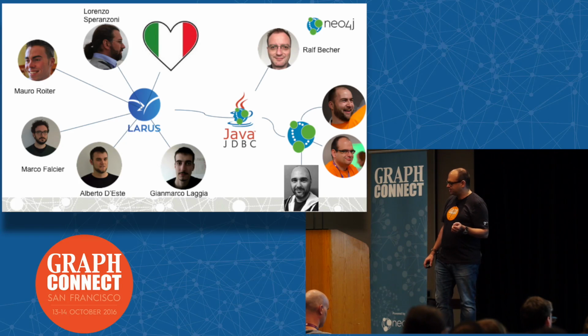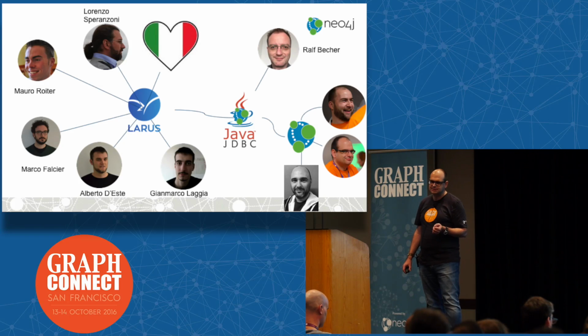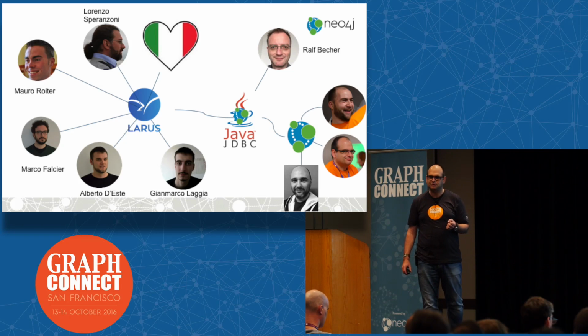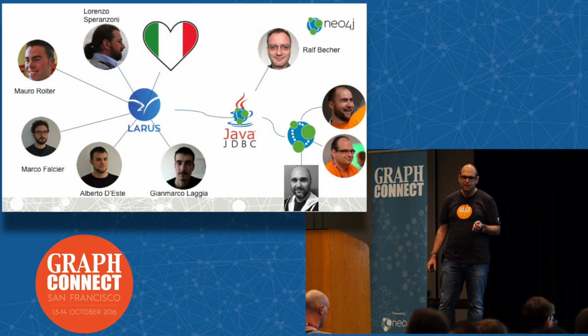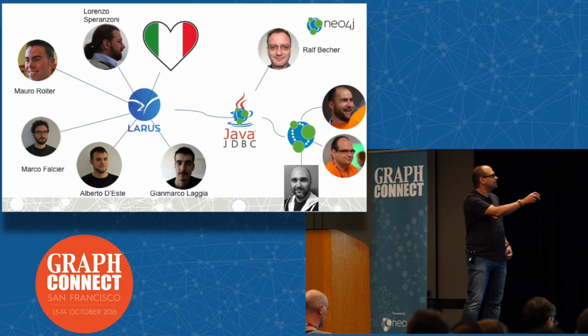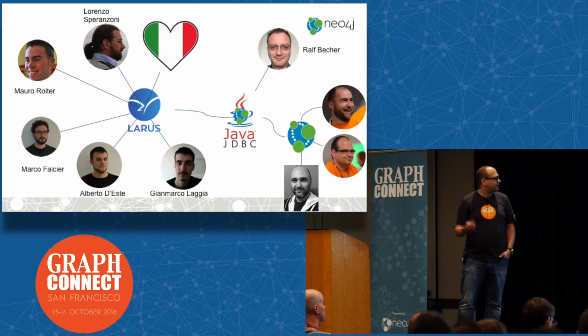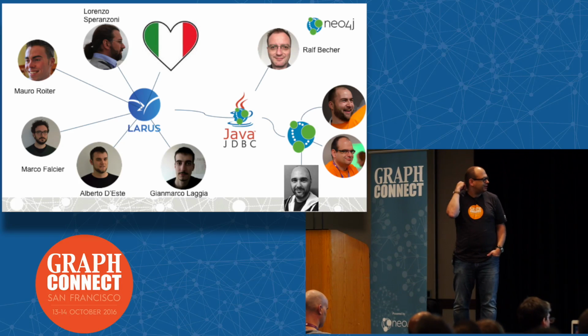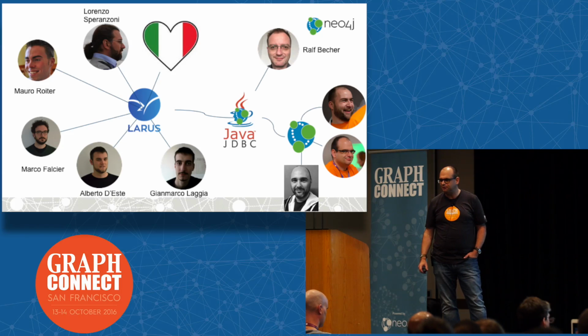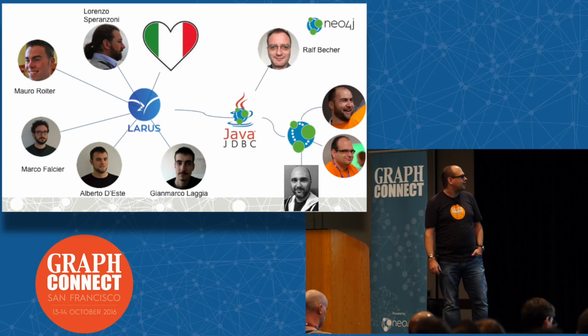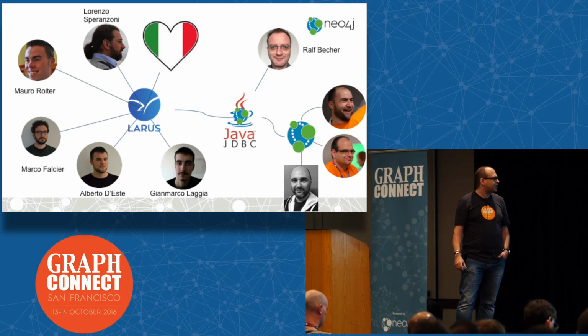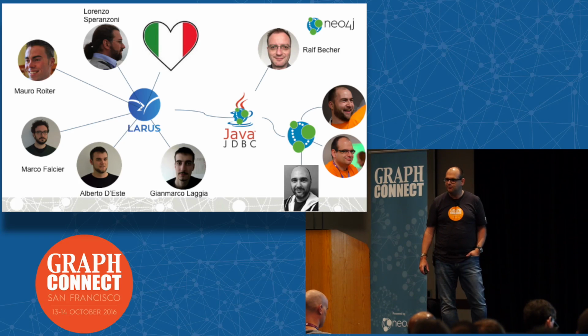There is a consultancy in Italy called Larus BA, Larus Business Automation, run by Lorenzo, who is the CEO of that company. He is a partner of Neo4j since a couple of years, and a good friend of mine. He said he wanted to sponsor the development of that driver.